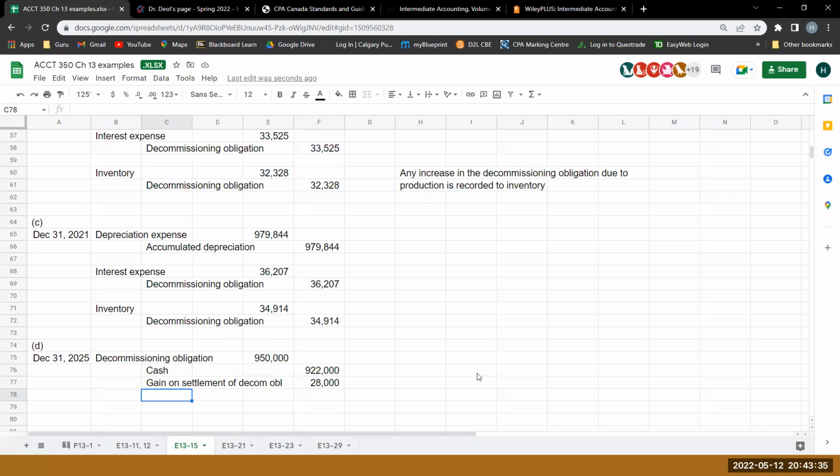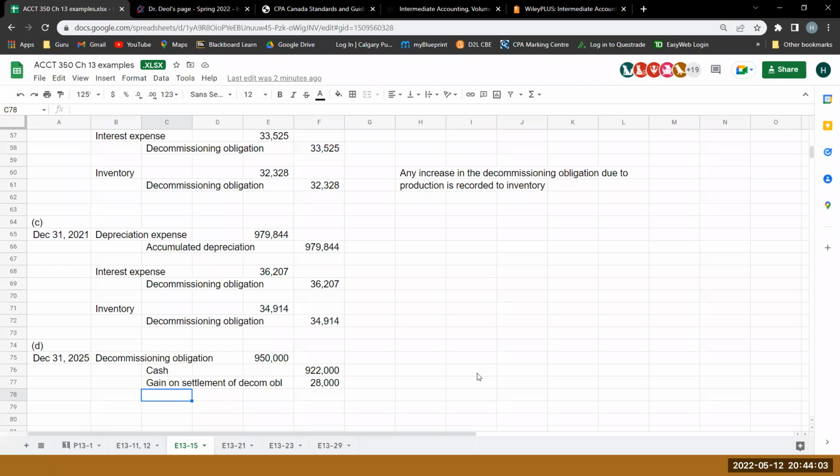But in certain years, maybe they would take out more oil. In other years, they might take less oil out. Now, the impact on the asset retirement obligation in the year that they pumped out more crude oil, because the total amount of crude oil reserve is fixed: in the year that they're taking out more crude oil, the decommissioning obligation will go up because we produced more.